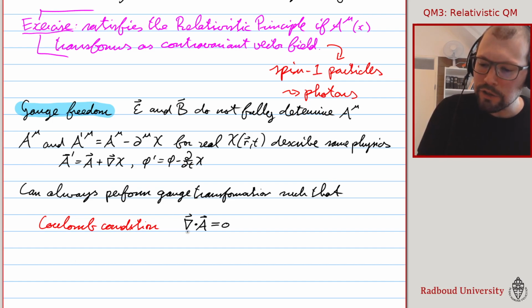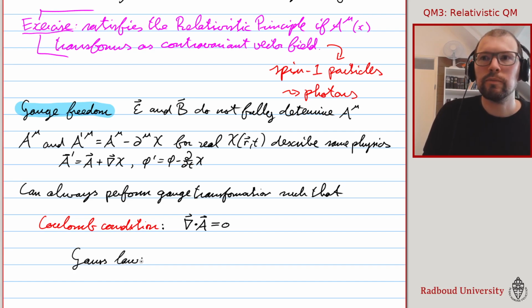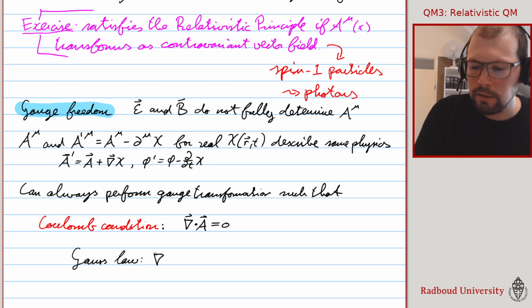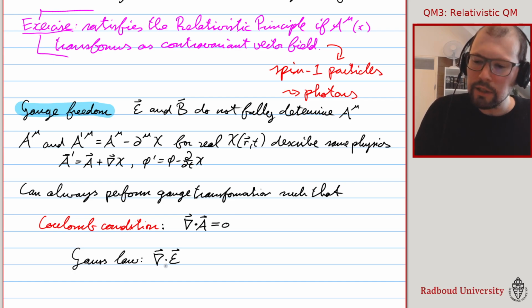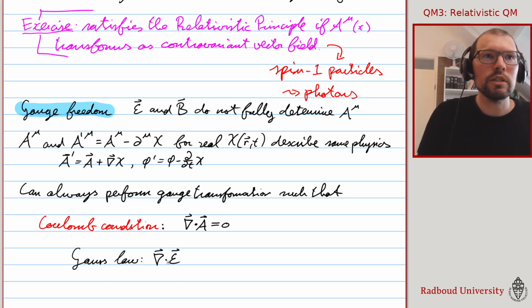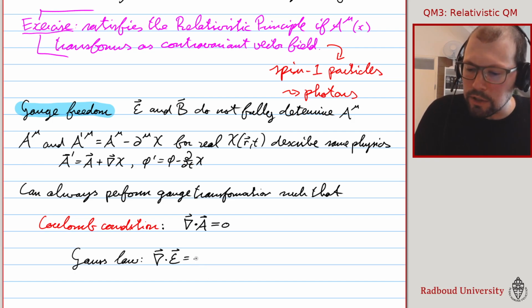So let's see what the consequence of this condition is by looking at the Gauss law. The Gauss law in vacuum, so remember we're setting the charge density to 0, says that the divergence of the electric field has to vanish. So what is the divergence of the electric field in terms of the vector potential and the scalar potential?